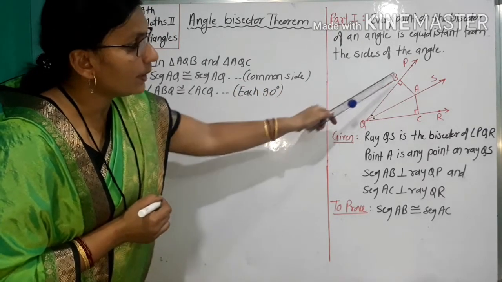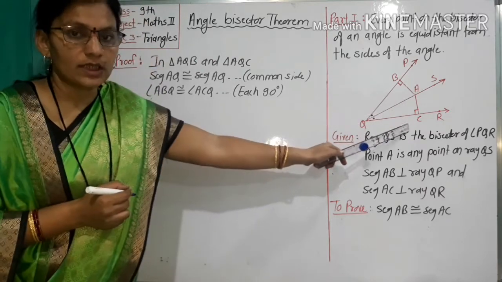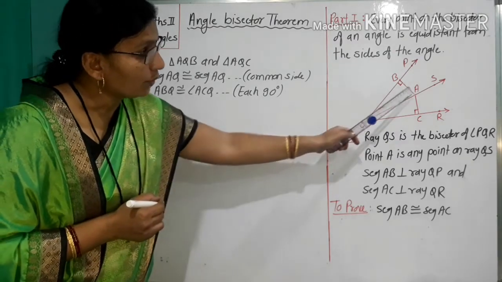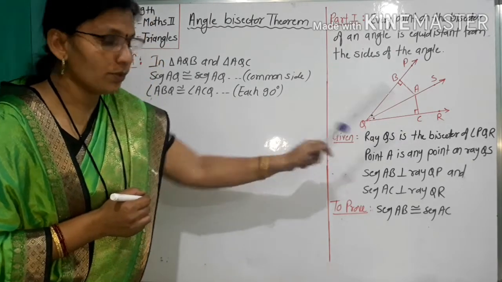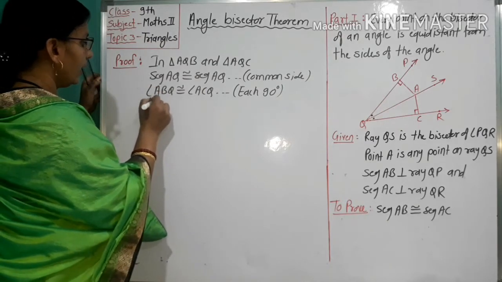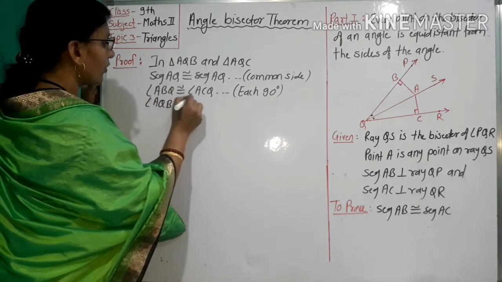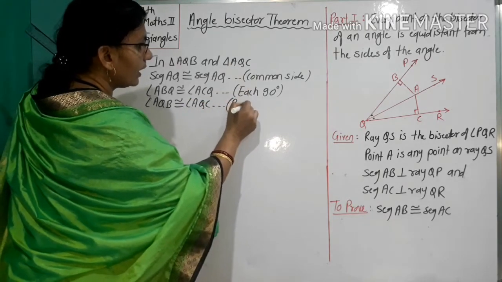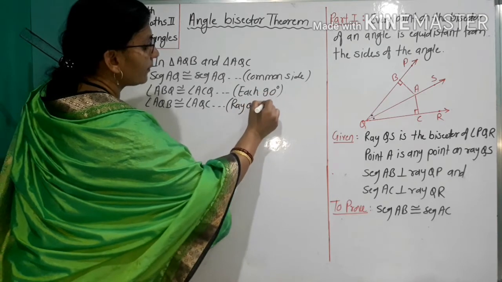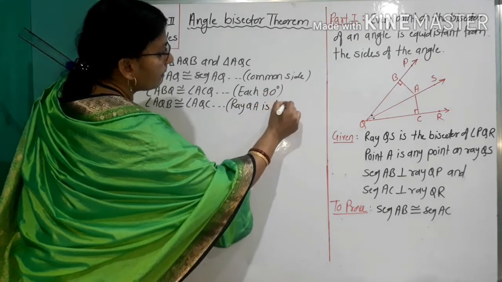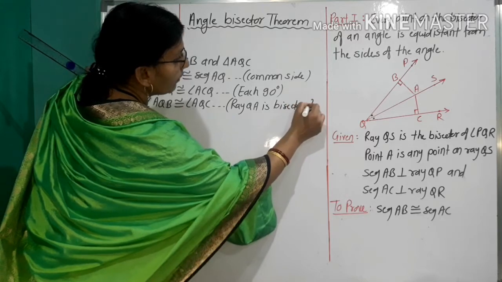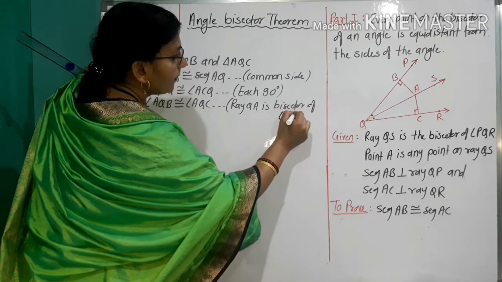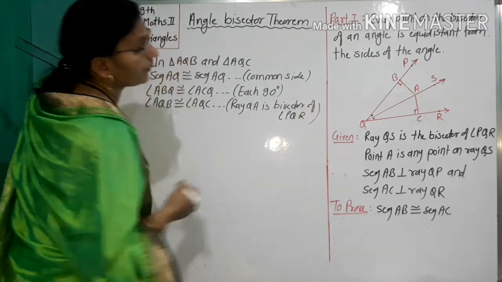Angle AQB is congruent to angle AQC, reason: given, meaning ray QA is the bisector of angle PQR.